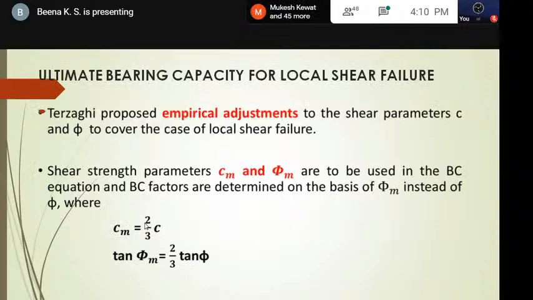Here, the ultimate bearing capacity, we find for local shear as well as for general shear failure.